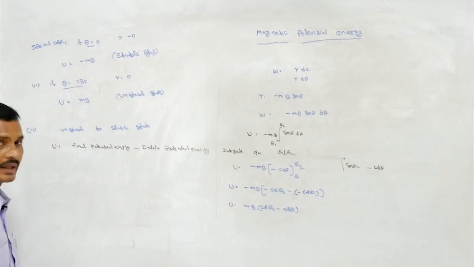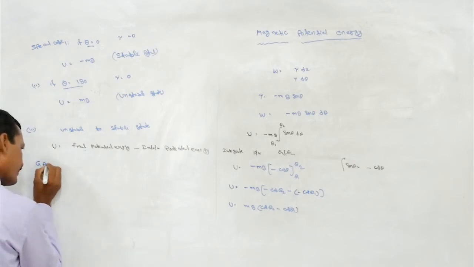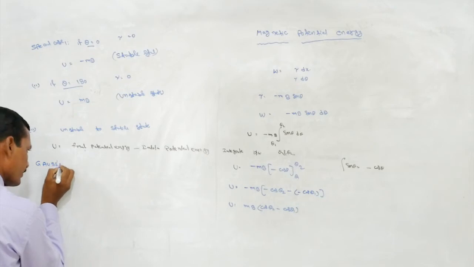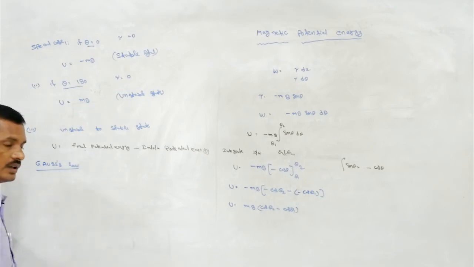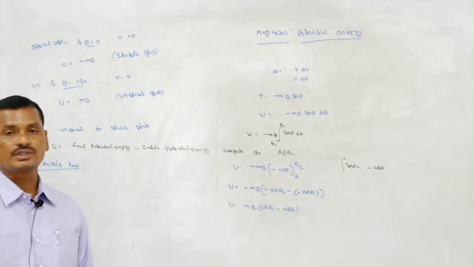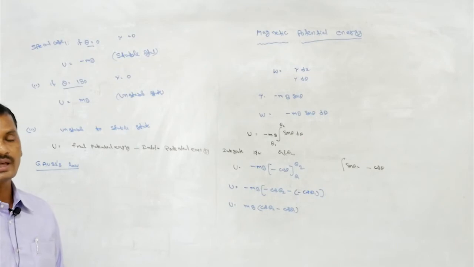Next, another most important and very small definition, that is Gauss law in magnetism. Gauss law in magnetism says, in any closed surface, the net magnetic flux is 0.